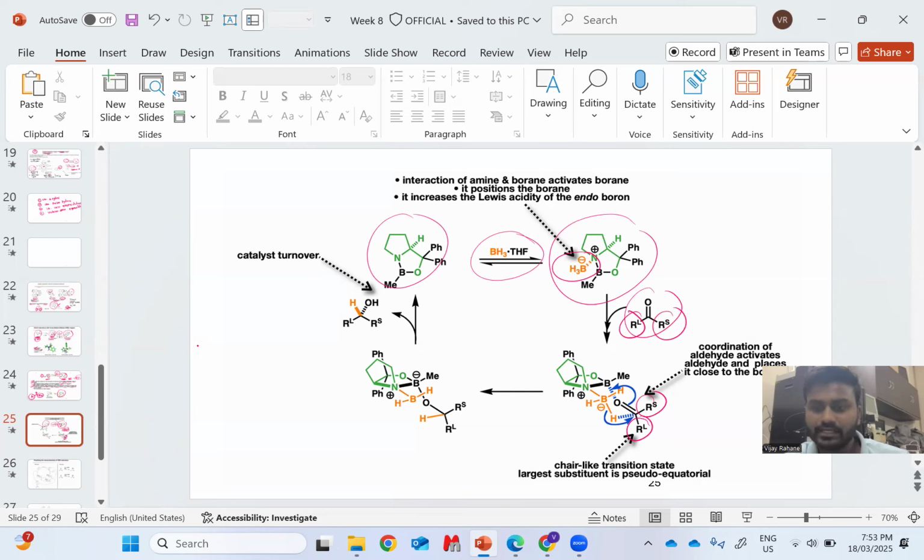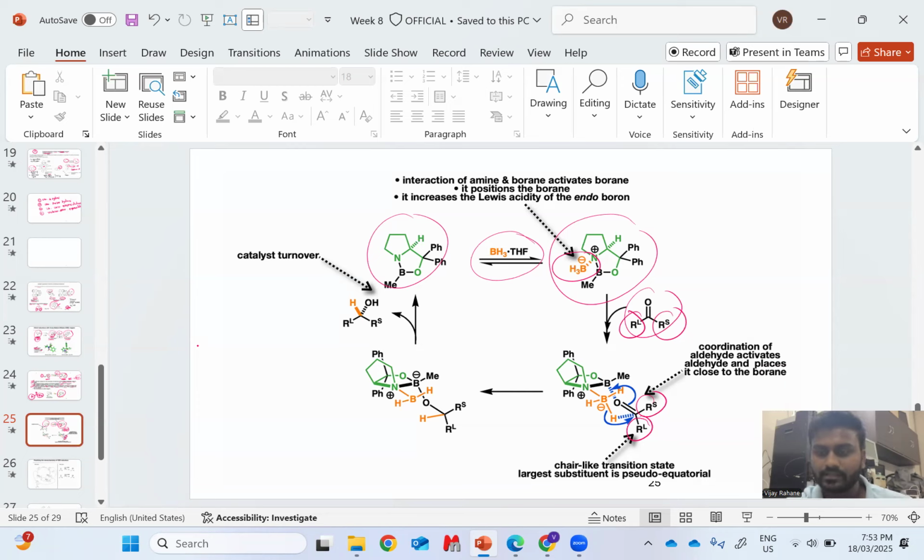The coordination of the ketone activates the face, placing it closest to the boron, in a chair-like transition state in which the large substituent is in the pseudo-equatorial position. That's the key driving force here. The large group goes to the pseudo-equatorial position, so the steric crowding is less in this type of transition state.